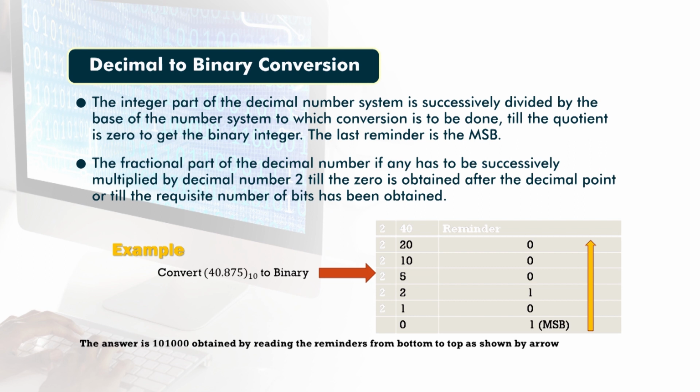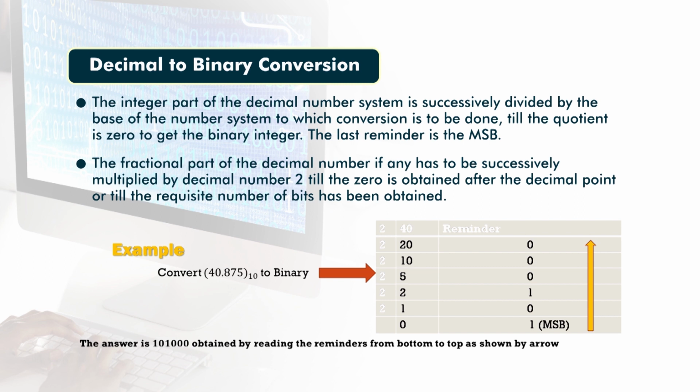So I first take the integer part of my decimal number, divide it by 2, so it comes to 20 and the remainder is 0. Then again I divide 20 by 2, so we get 10 and the remainder is 0. Again I divide it by 2, we get 5 and the remainder is 0.